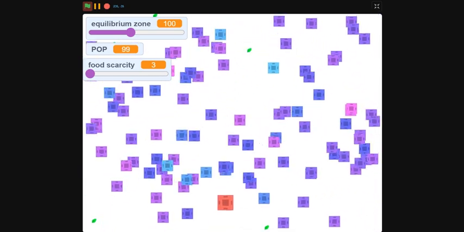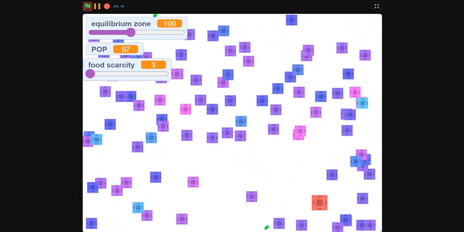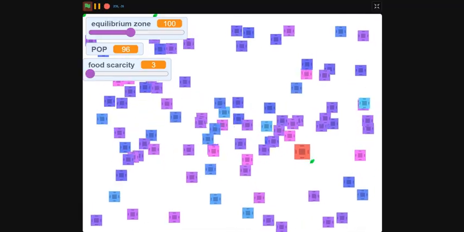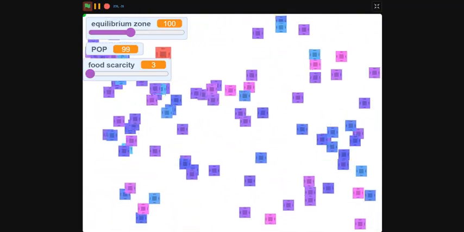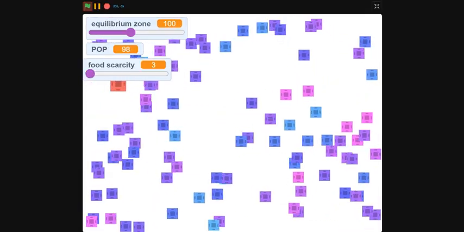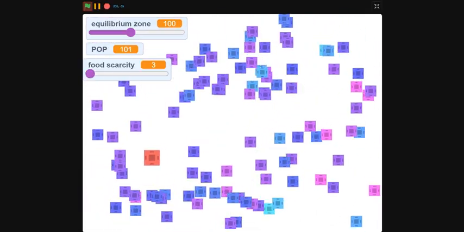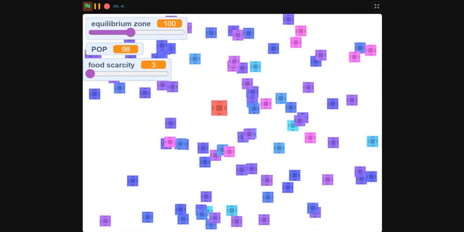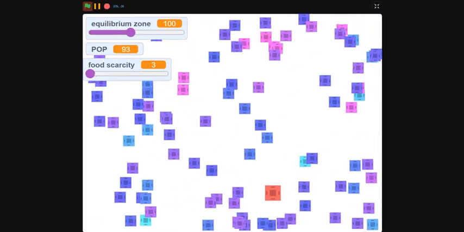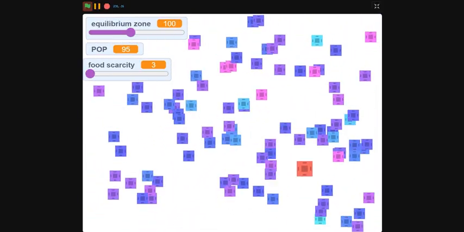That's because there's less food for everyone, so they have to spend less energy to survive. As you can see, the predator is eating more of them because there is less food and they're slower because they're trying to save energy so they don't die and reproduce.